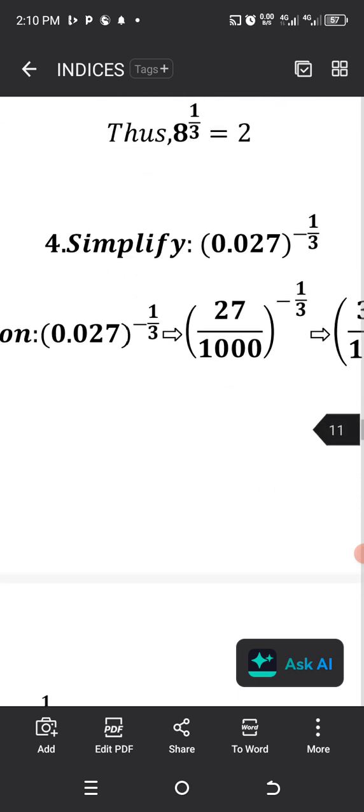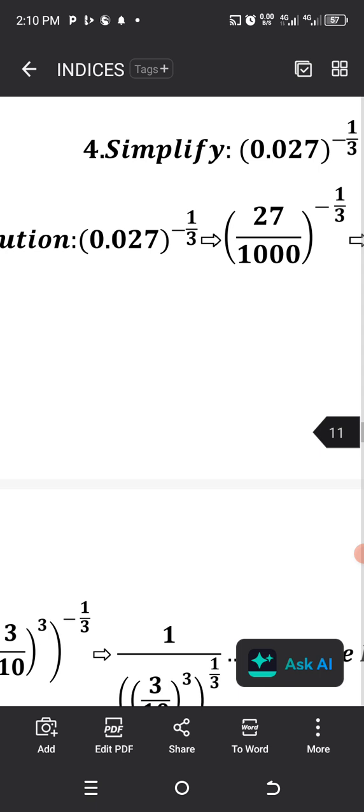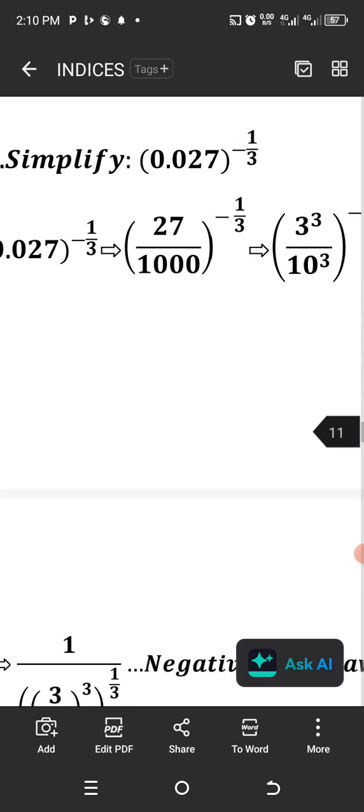So question 4, we have to simplify, inside the parentheses, 0.027 all raised to power minus 1 over 3. The same approach. Recall that 0.027 is actually the same thing as 27 over 1000, all raised to power minus 1 over 3.